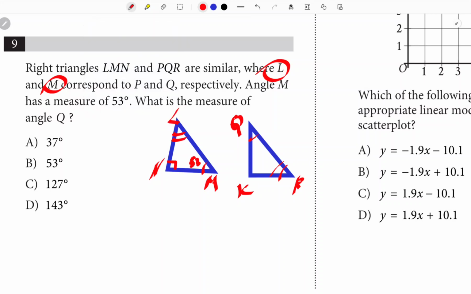I write here 90 degrees, so here is x. 90 degrees minus 53 is equal to angle x, angle L.